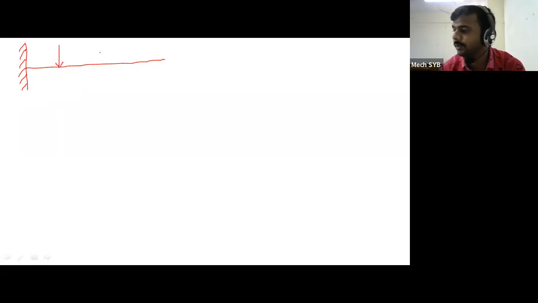This is one point load. This is second point load. This is third point load. And this is fourth point load. So the fixed side will be considered as point A, then B, C, D, and E.